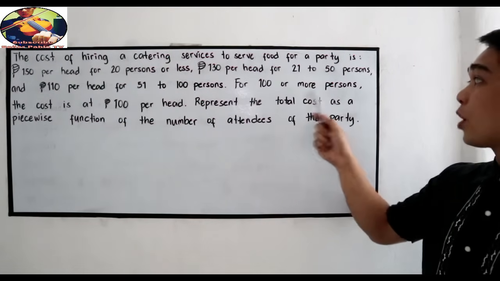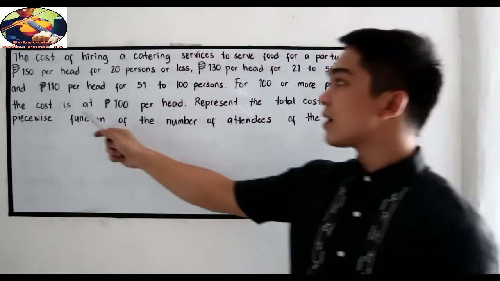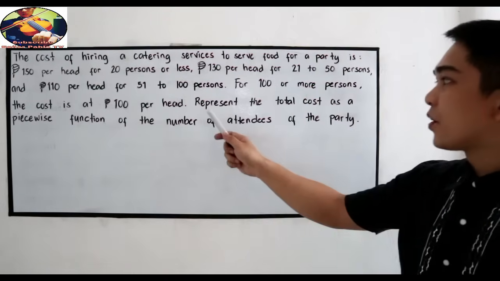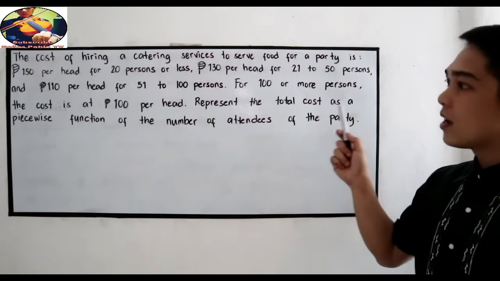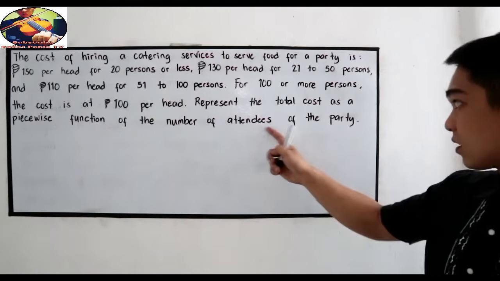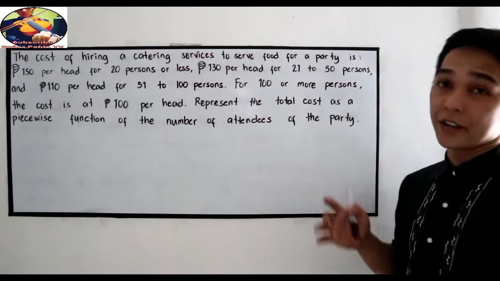For 100 or more persons, the cost is 100 pesos per head. Represent the total cost as a piecewise function of the number of attendees of the party.